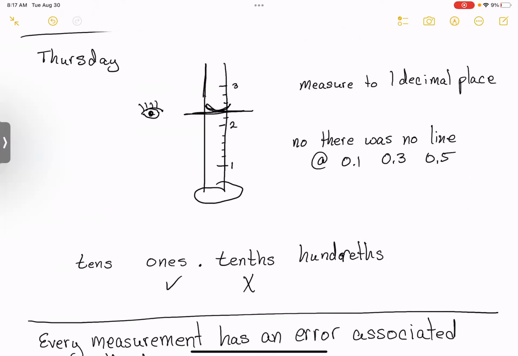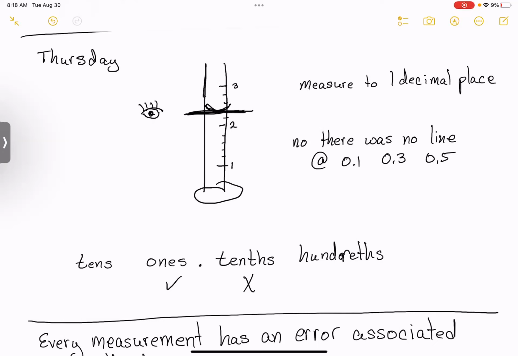If your eye is not at the same level as the bottom of the meniscus, then the error is your fault because you are not reading the device correctly. Because it has to be here, or we can get what's called a parallax error. That's something you can control.